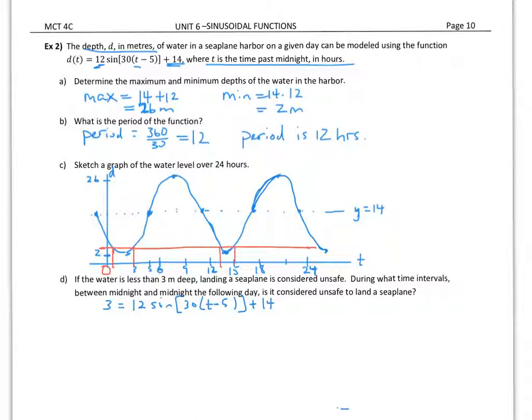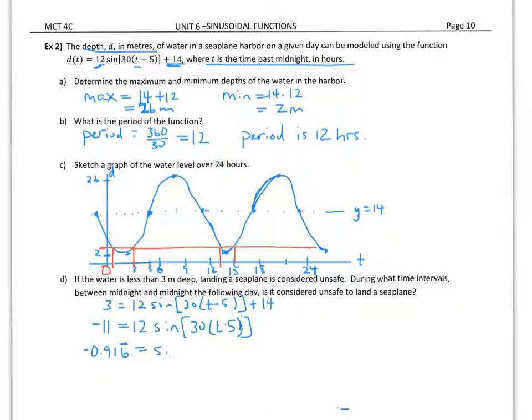So we're going to have negative 11 equal to 12 times the sine of this thing, which would be the actual angle if we were working with angles. So I'm going to divide the negative 11 by 12, and I got negative 0.916, repeating.